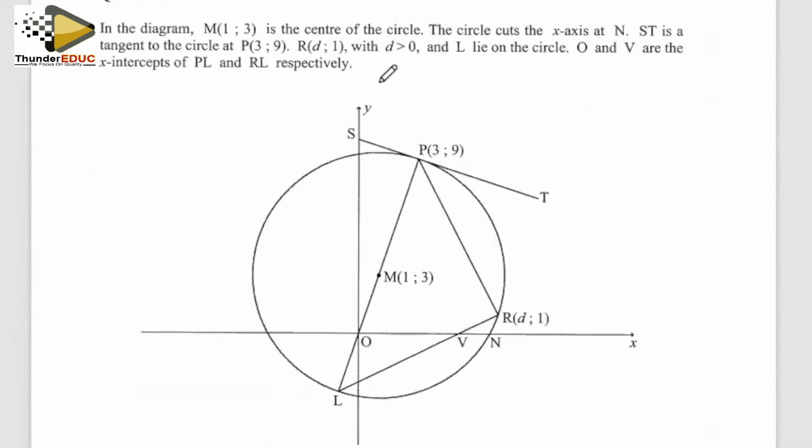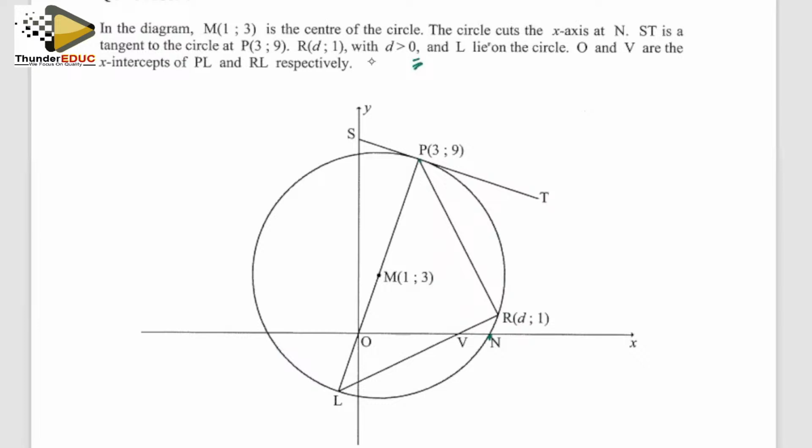Question 4. In the diagram, M is (1, 3), the center of the circle. And then the circle cuts the x-axis at N, we can see that. And then ST is given as a tangent to the circle, with P being that R is D, negative 1, where D is greater than 0, which means it's positive.